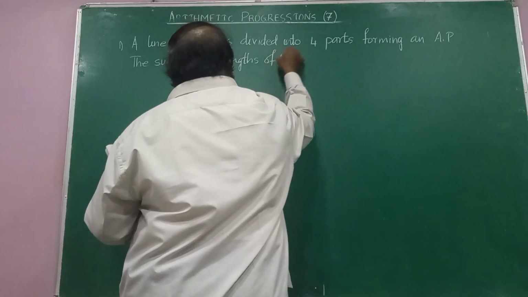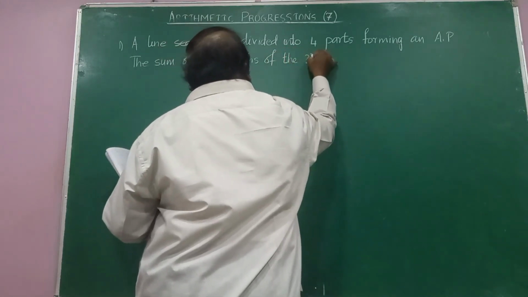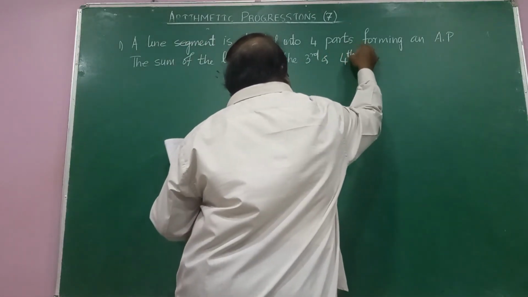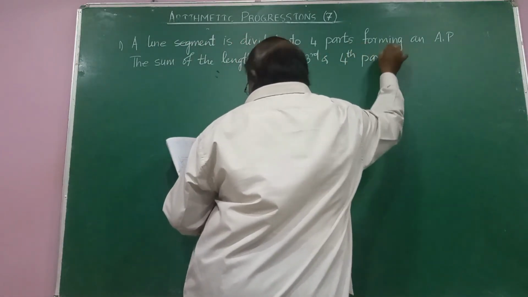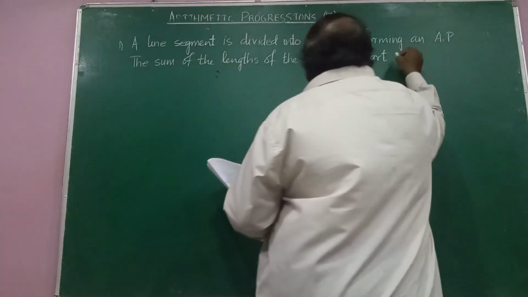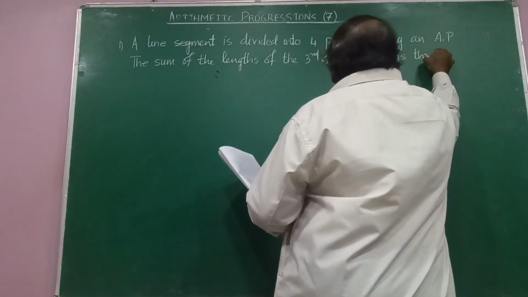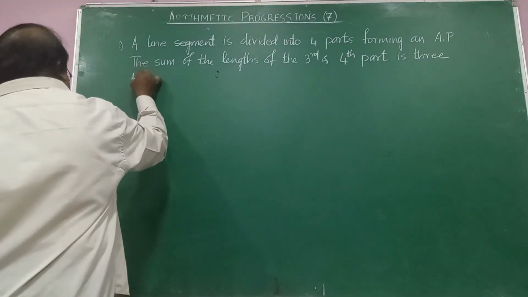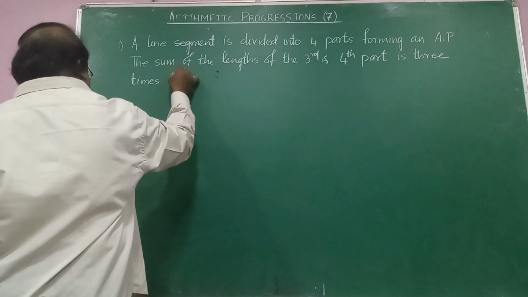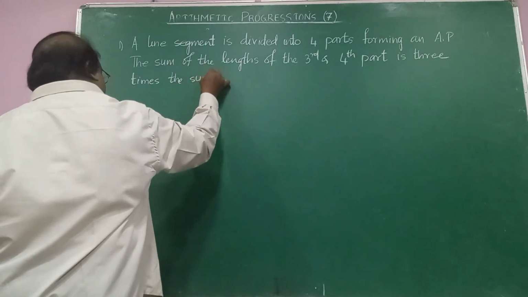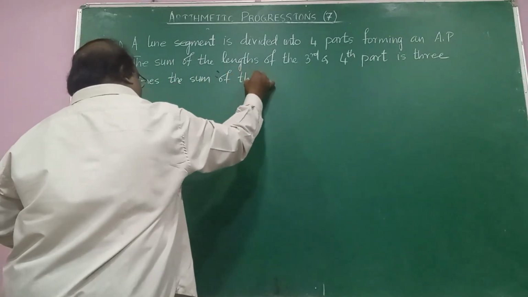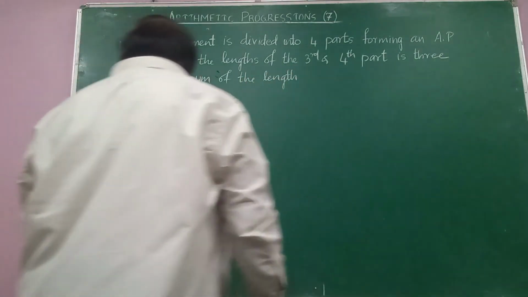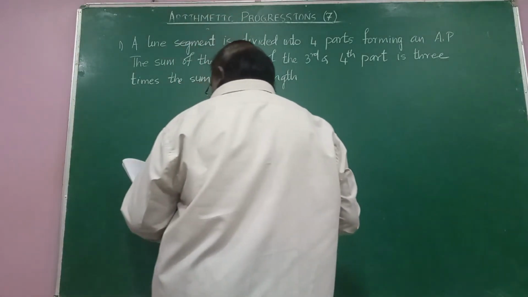The sum of the lengths of the third and fourth part is 3 times the sum of the lengths of the first two parts.